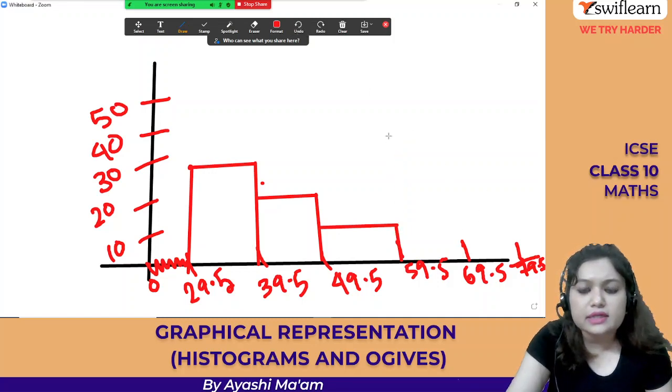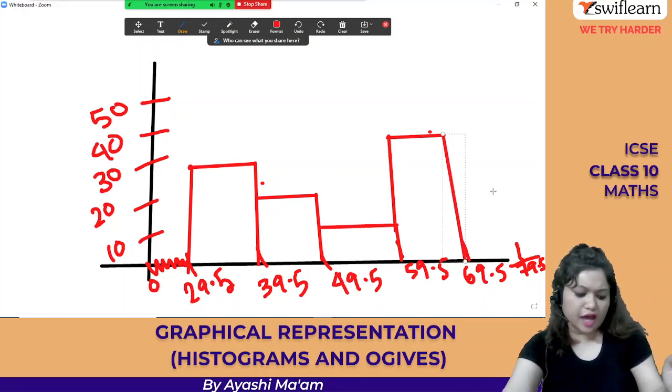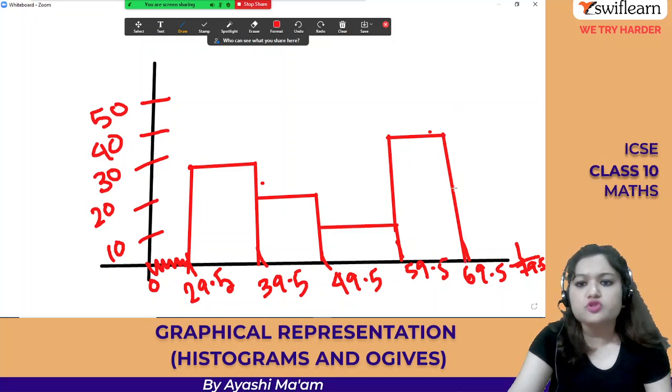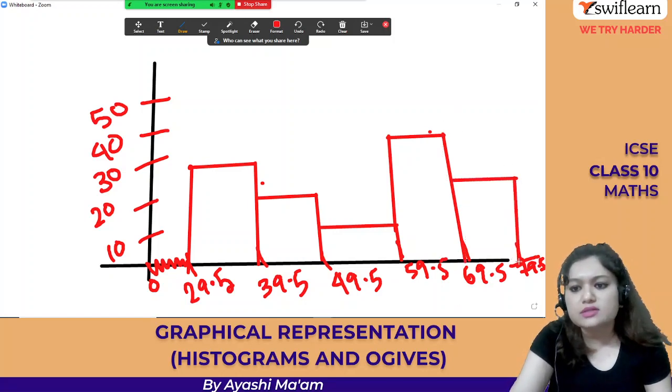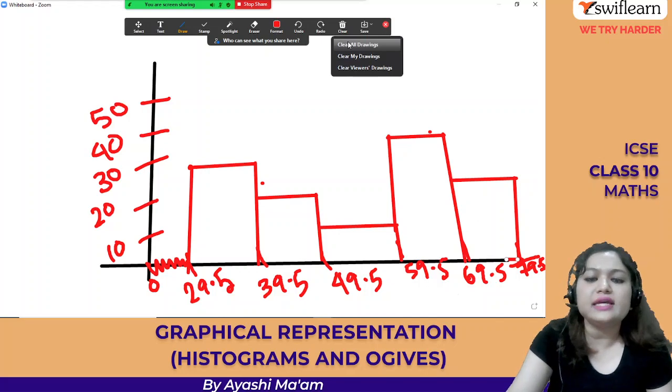And then 69.5 to 79.5, we have 20. Here you have 20, and this rectangle will be continued up to 20. Understood? So easy, right? Very easy.